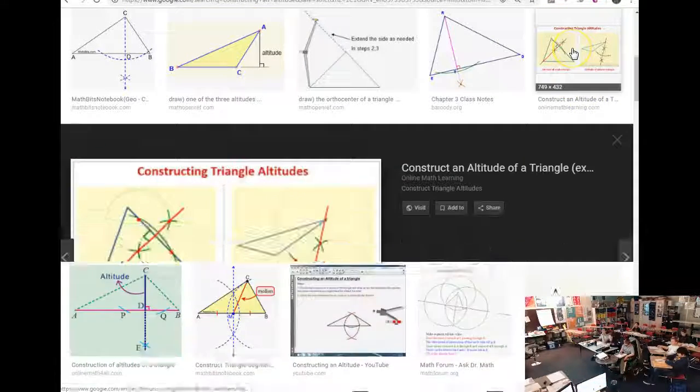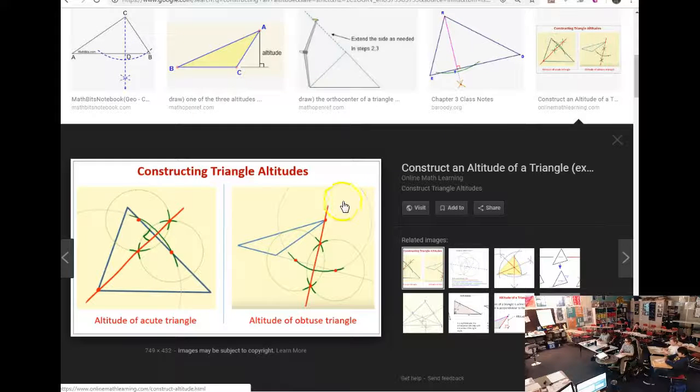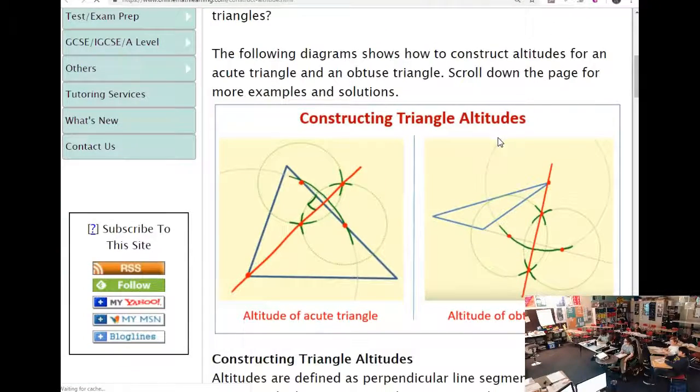Oh, found it. Okay, now I understand. I'm trying to encourage you guys to be able to use your search techniques. It looks like a vase.